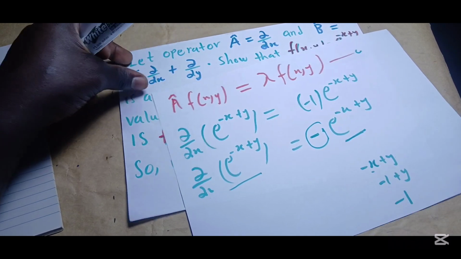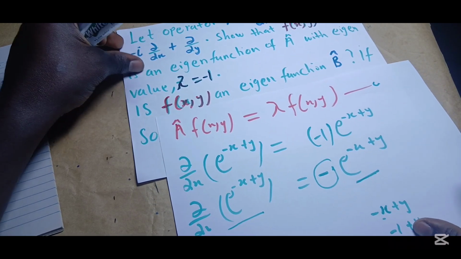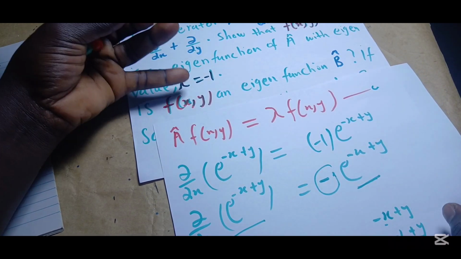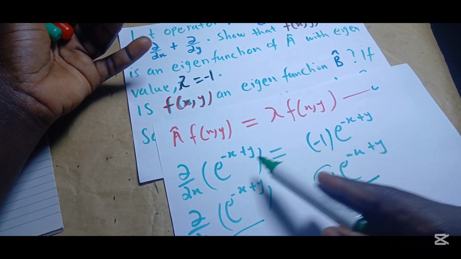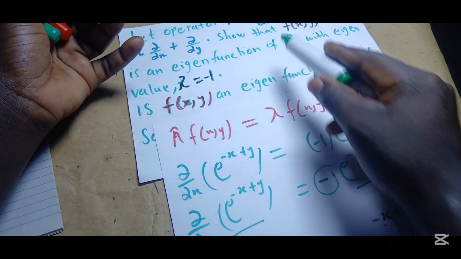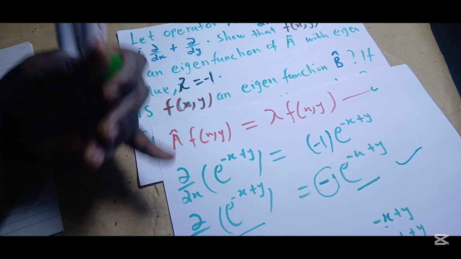So we are done. This is what the question is asking us to do. It's true, f of x and y is an eigenfunction of the operator A with an eigenvalue of -1.